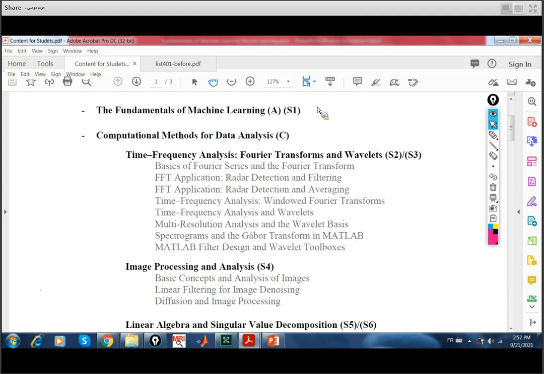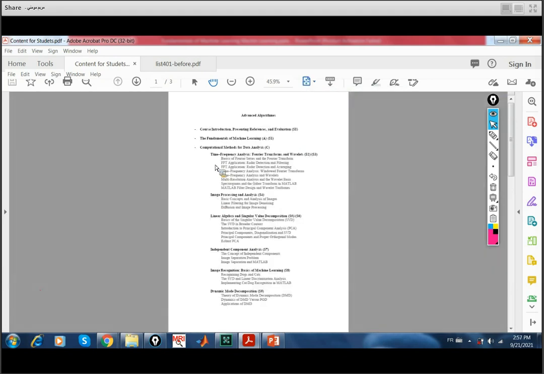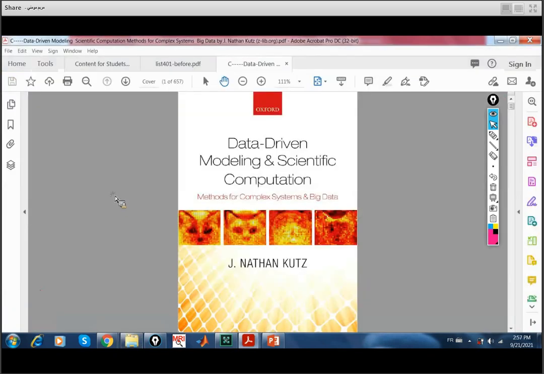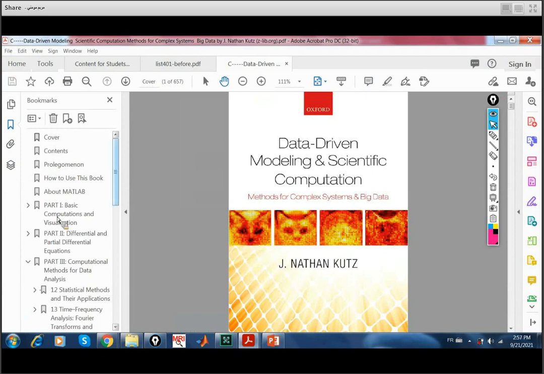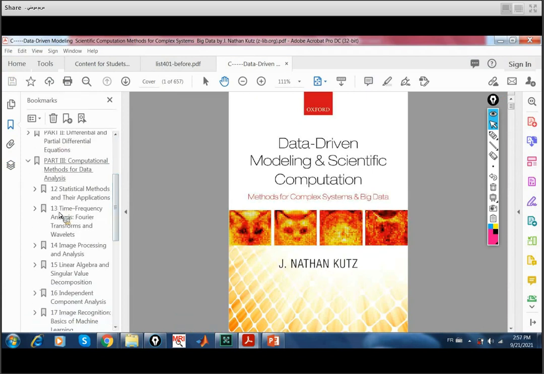Then when you want to study these subsections, for example, if you want to study time frequency analysis, you must refer to C. Reference C is here, and then in part C, part 3, here you see time frequency analysis.